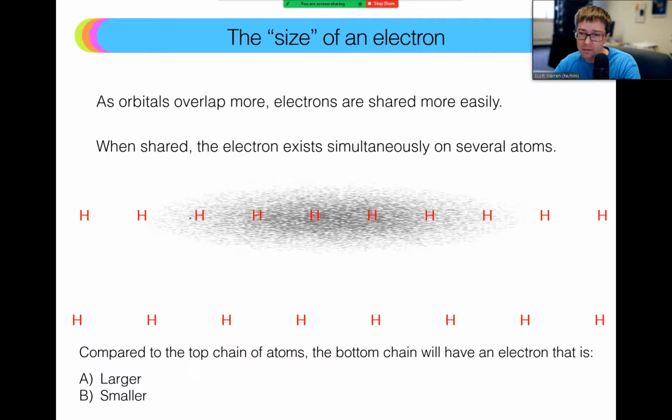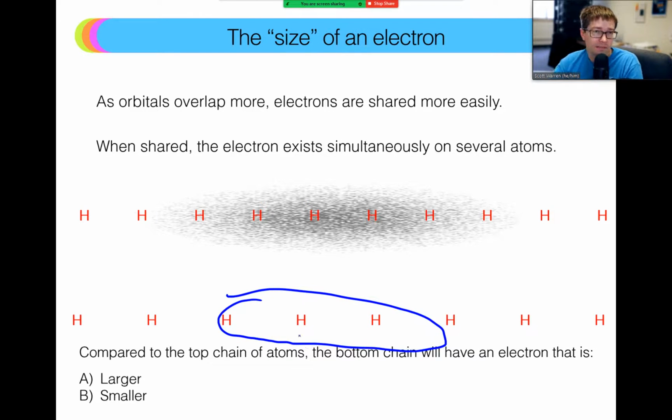So if we were to depict these two cases, a string of hydrogen atoms, one with a small spacing, one with a large spacing, we could have a slightly smaller cloud that represents that probability distribution. So it's going to be smaller when the orbital overlap is worse.